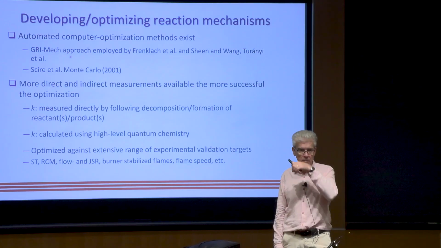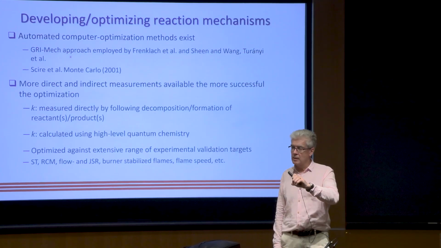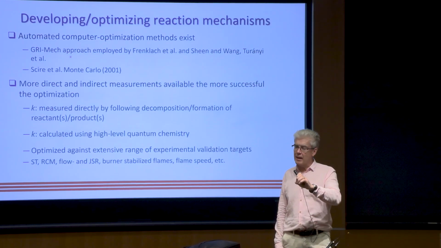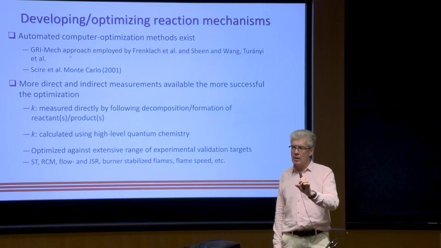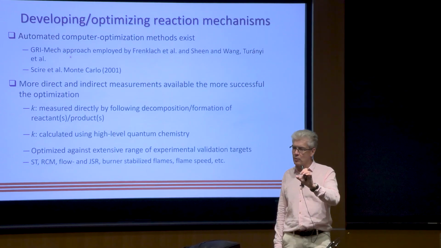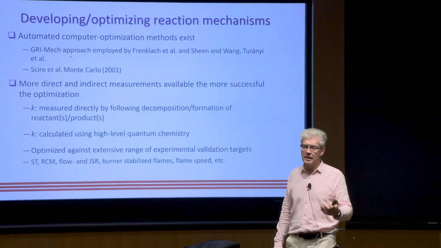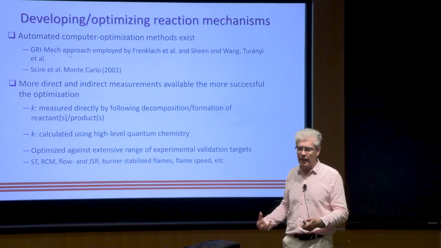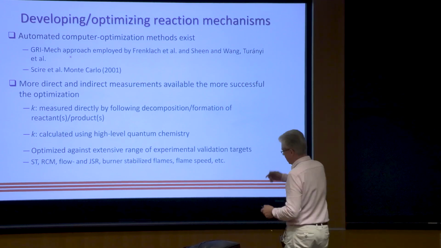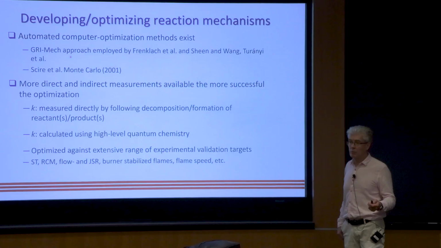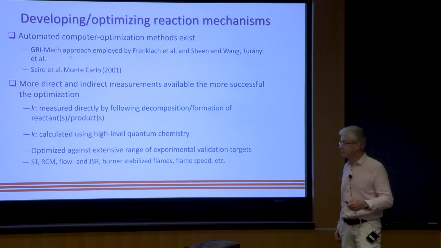The prediction of the water profile was really sensitive to the rate constant you use for that reaction, and based on that, he was able to back out the rate constant. So we can do that sometimes with data that we measure.